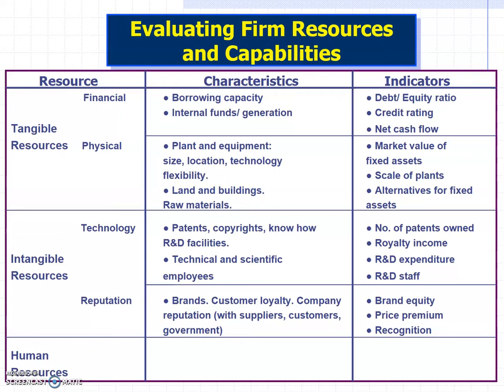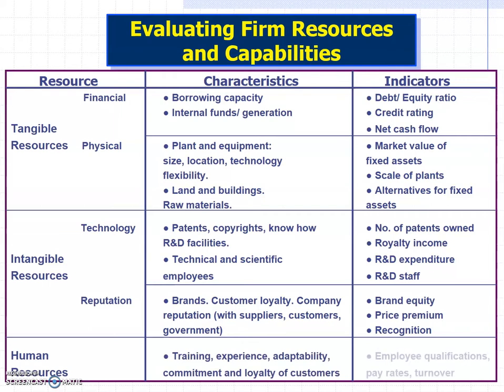We can look at things like brand awareness or brand recognition. For human resources, in terms of training, experience, adaptability, commitment, and loyalty, we can look at measures like employee qualifications, the pay rates, or the turnover rates.